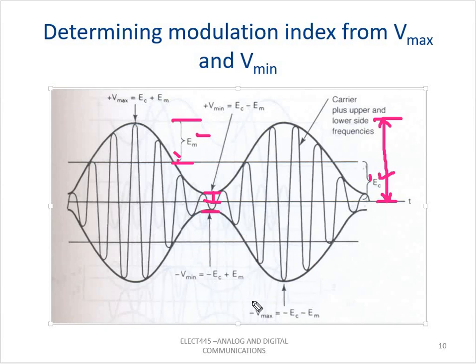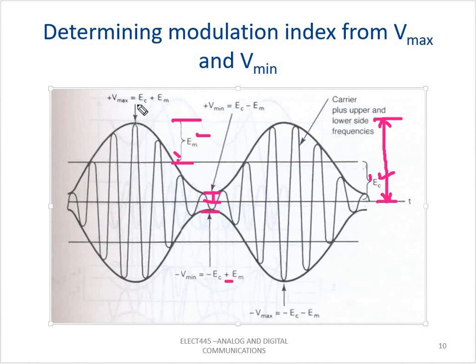Similarly, on the other side you can see minus Vmin. In the upper portion we are getting plus, and here we are getting minus Vmin and minus Vmax. Here minus Vmin is plus EC and here is minus EC. This is minus EM and here is plus EM.